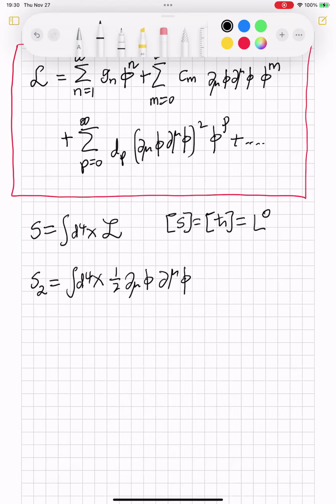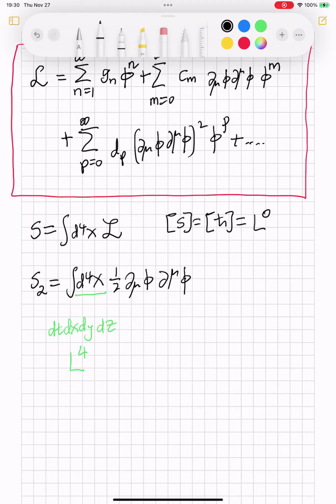So this is what we're going to look at to figure out the dimensions of the field. If we think about the d4x, this is a dt, dx, dy, dz. And because we've set the speed of light to 1, we're measuring time and space as lengths. So this is a length to the 4.